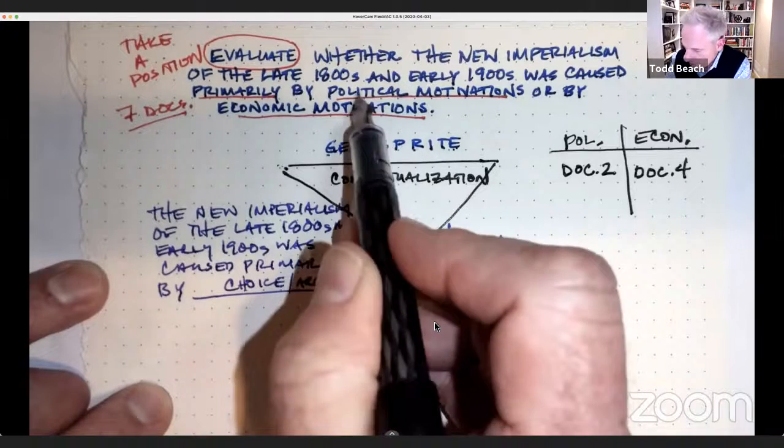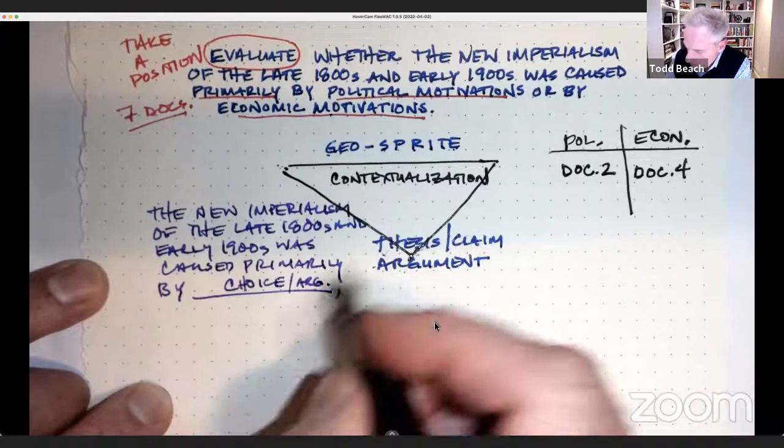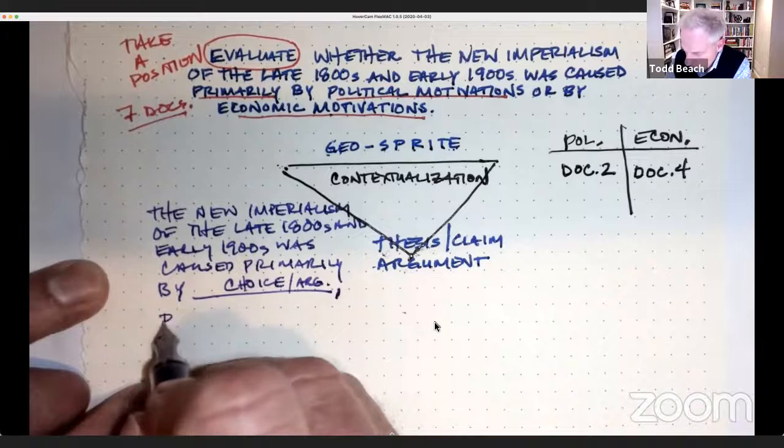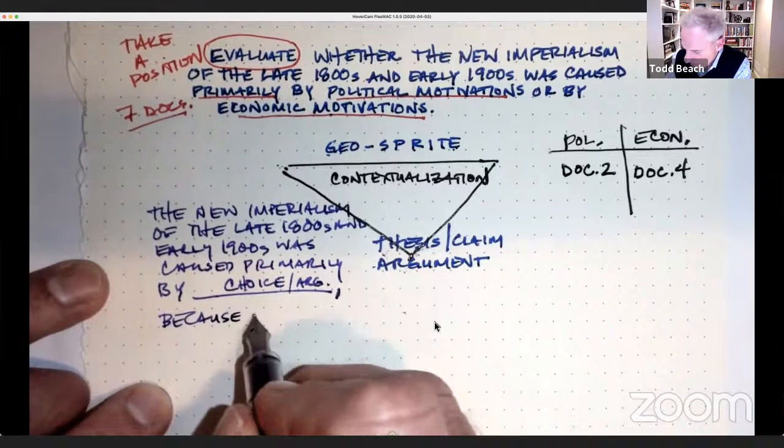Are you going to say political motivations or economic motivations? And then you're going to use a comma and you're going to say because, and you're going to give two reasons.